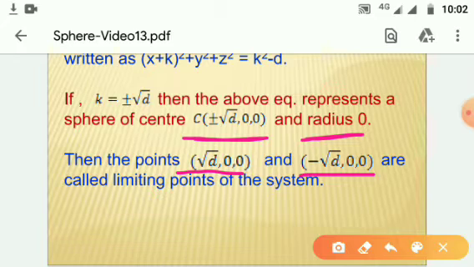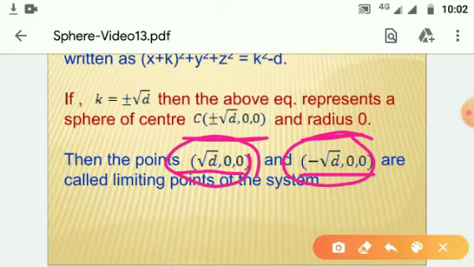Therefore these two are called limiting points of the coaxial system. Once again I am repeating, what are the limiting points of the coaxial system? The limiting points of the coaxial system are nothing but the members of the coaxial system so that their radius is 0. So whenever radius is 0, the sphere will become a point sphere. So the limiting points of the coaxial system are point spheres.